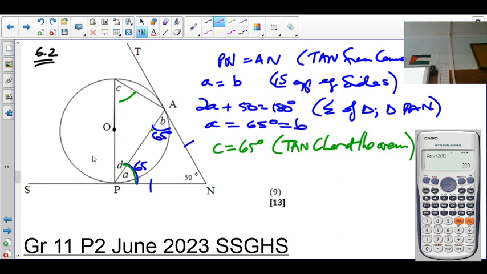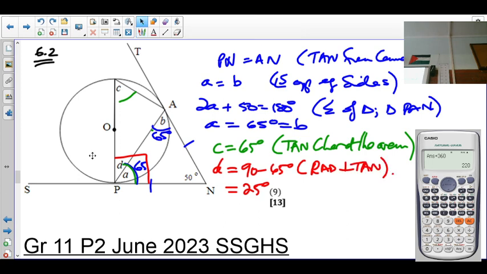So then angle D, we know that A and D will be 90 degrees. Why? Radius perpendicular to tangent. So D is equal to 90 minus 65 degrees, which is 25 degrees. Radius perpendicular to tangent. Okay. Any confusion there?